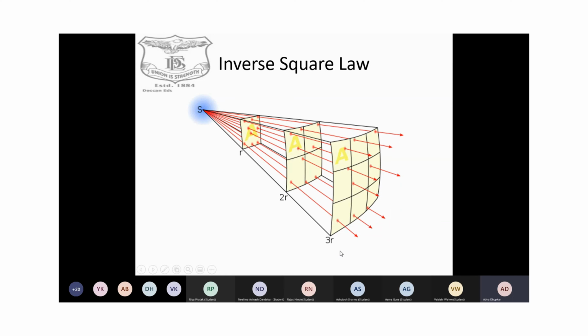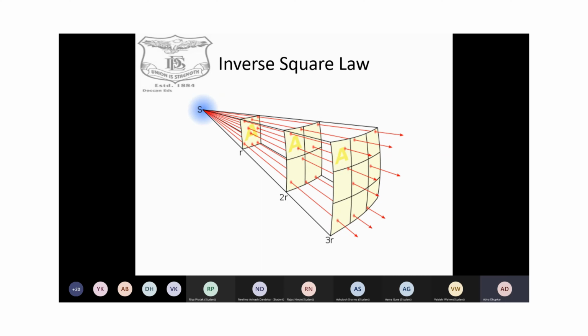The farther you move away from the point source to 3R, intensity has reduced even more. There is a vast reduction in the intensity dependent upon the square of the distance from the point source. 3 threes are 9. You can see 9 squares over here, which means that the radiation is falling over a much larger area, but the energy that is being supplied is very less.